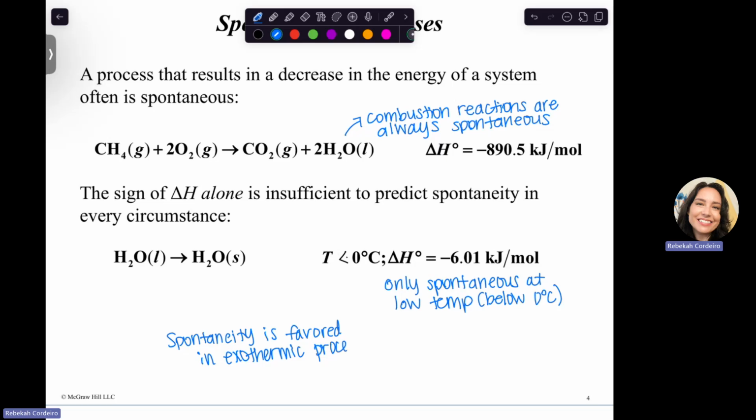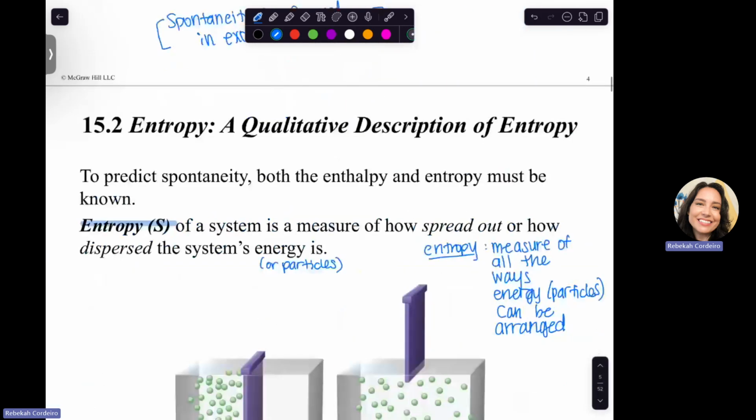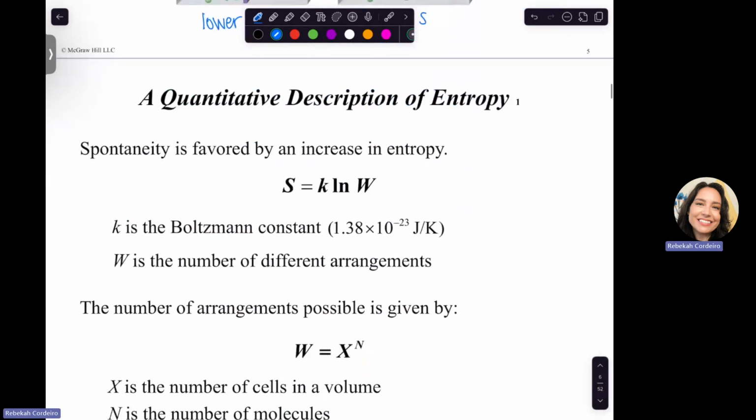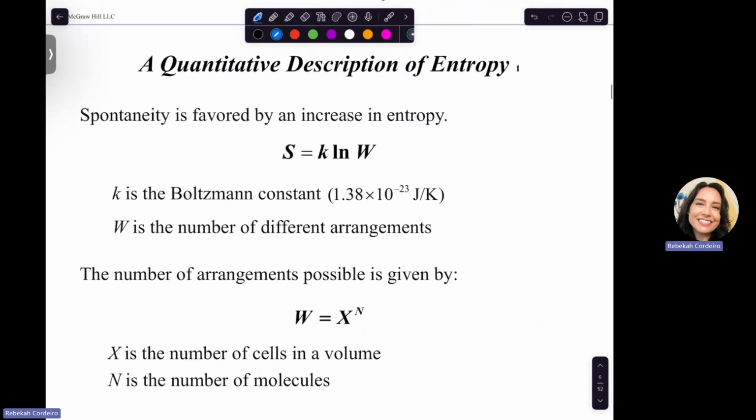But what's favored are exothermic processes. So exothermic is always going to be a little bit easier to get something to happen. And then if you have something that's exothermic and also has an increase in entropy, that's really good for spontaneity. So we say that's thermodynamically favored to have exothermic and increase in entropy.